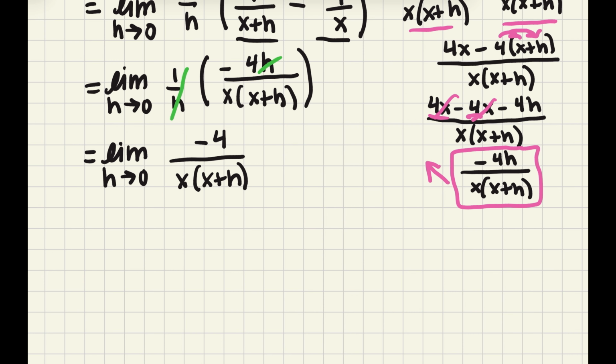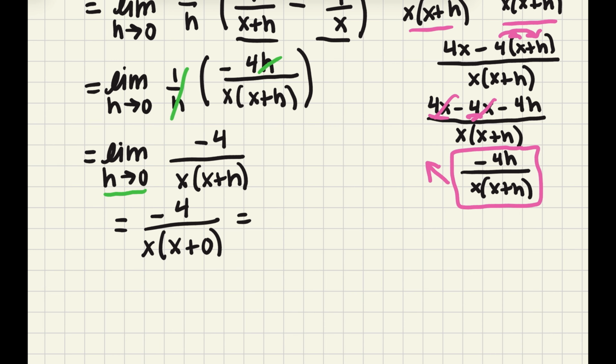And it becomes intuitive, but you start to realize when you get to a point that there's no way you can further simplify, and that's when we're going to start plugging in 0 anywhere there's an h. So that's going to look like this, negative 4 over x times x plus 0.